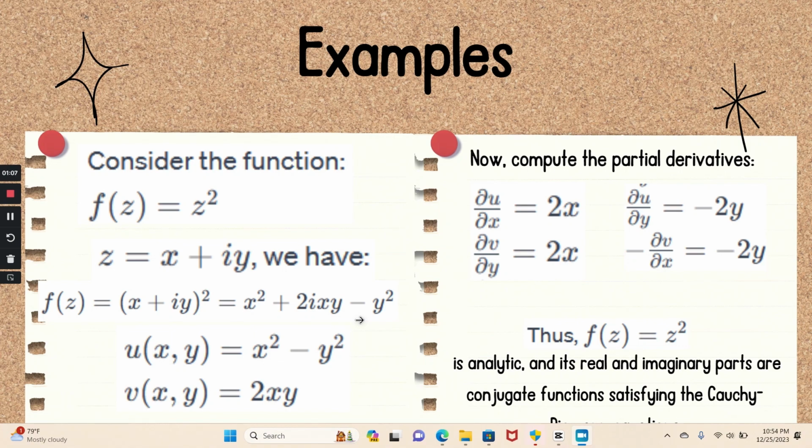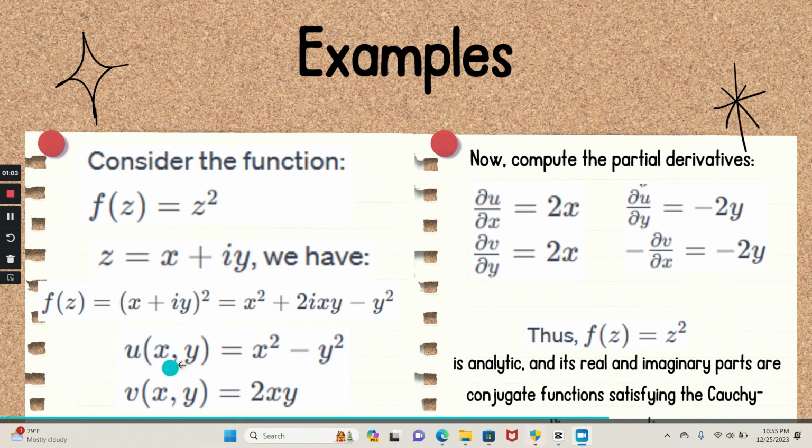From this, we can identify u(x,y) is equal to x squared minus y squared, and v(x,y) is equal to 2xy.